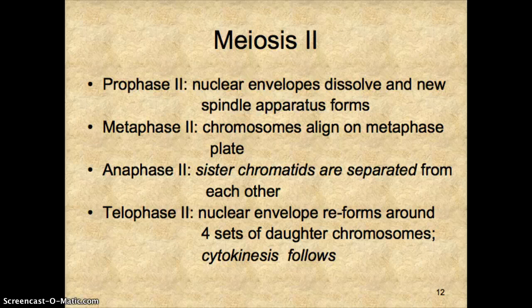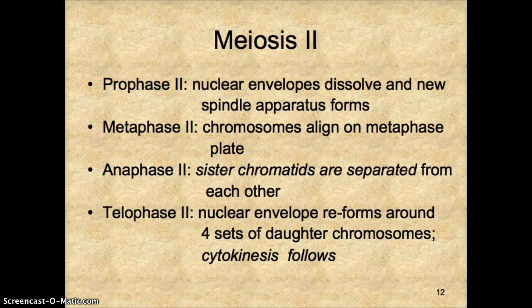Meiosis 2 is the same thing as mitosis. We go through each of the stages, prophase, metaphase, anaphase, and telophase, and everything is exactly the same. In anaphase 2, the sister chromatids are separated so that you have the individual chromosomes and their duplicates separated.